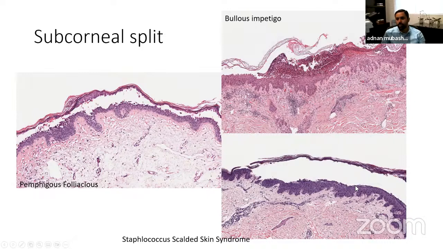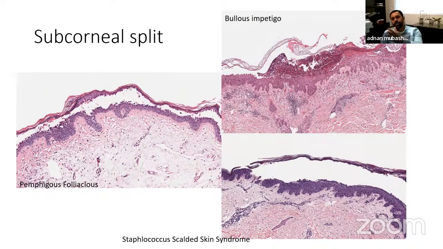And then staphylococcal scalded skin syndrome, you'll have a much more superficial split with much less inflammation. So the bottom line is, once you recognize there is a split within the epidermis, the diagnosis will be intraepidermal split, and then all these differentials come into play.